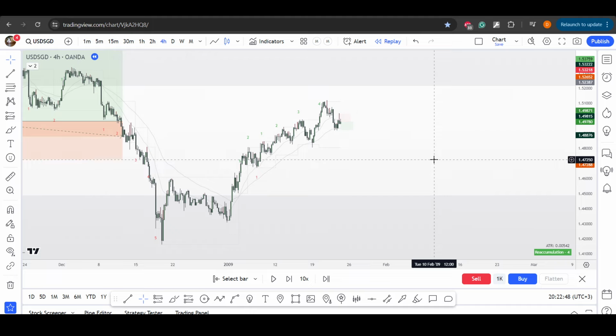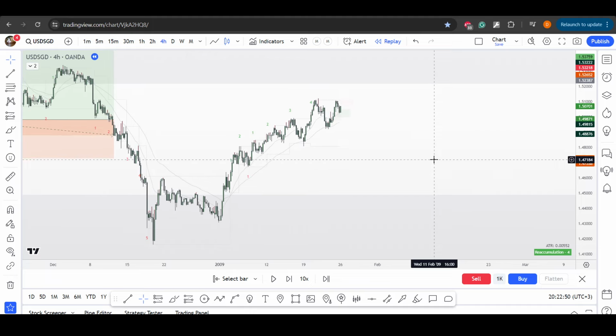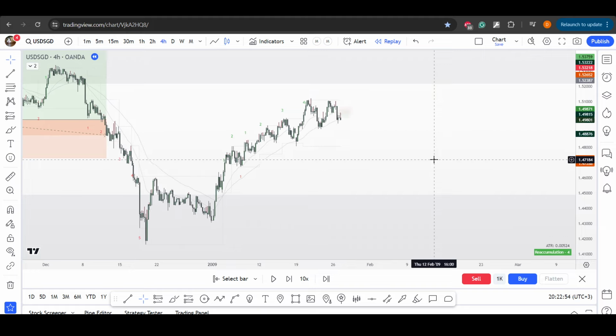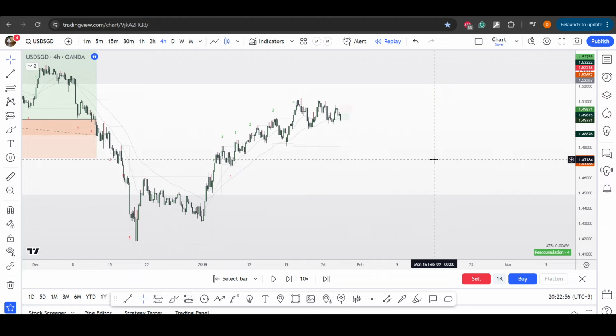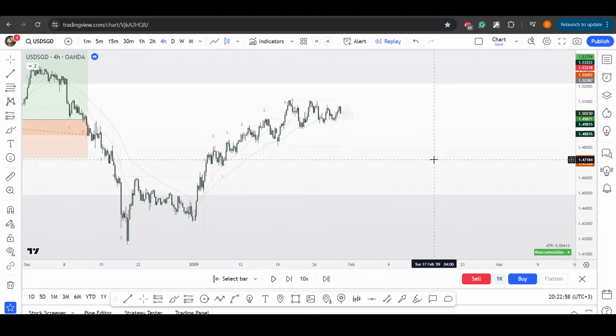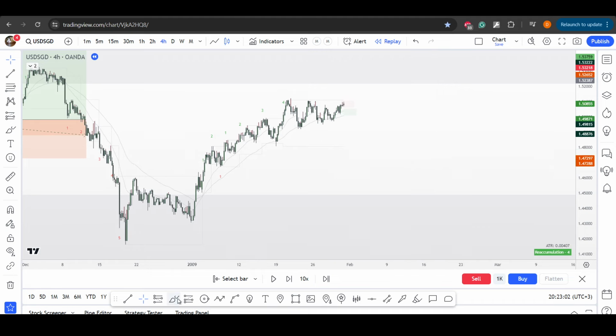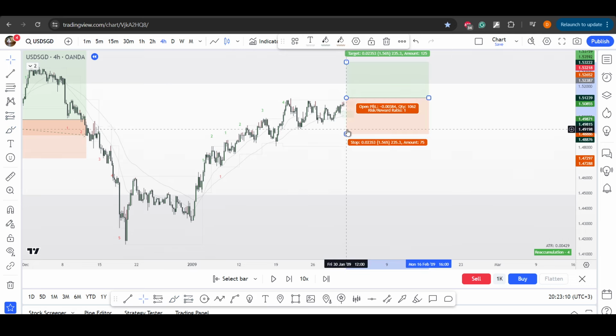It's really choppy. Okay, so we are definitely looking to take out these highs, and let's follow the break if it will happen.